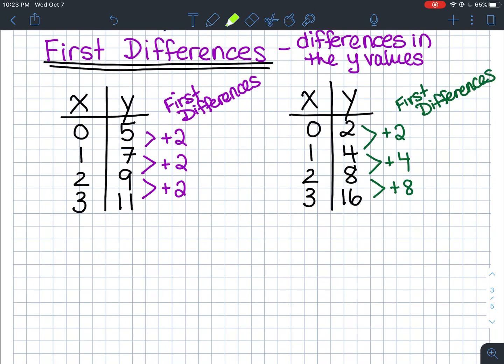Looking at these examples, since these are all the same, that means this relationship is linear. And since these are all different, 2, 4, 8, these ones are non-linear. If you graphed those points, it would not make a straight line. So that's good to know.